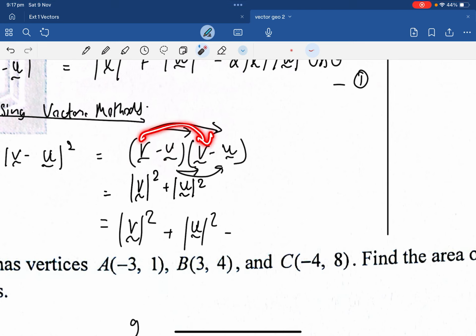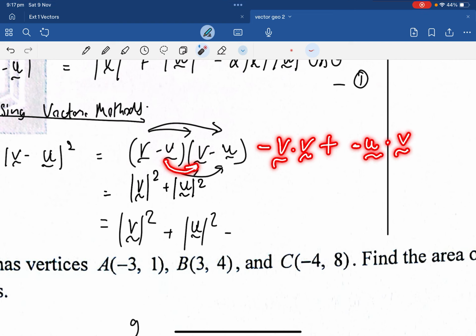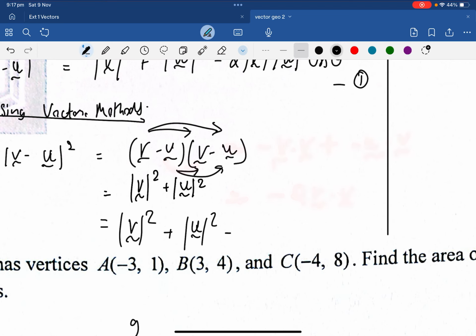V into u, what is that? It's v dot u, but minus. Plus, we have another minus u into positive v, which is just minus u into v. There's no magnitudes here. We're just multiplying the vectors, so it's just a dot product. It becomes minus 2 v dot u, so minus 2 u dot v.